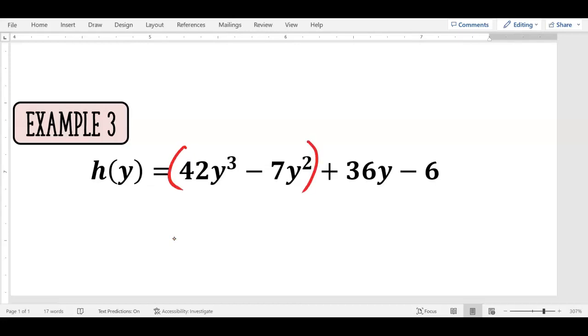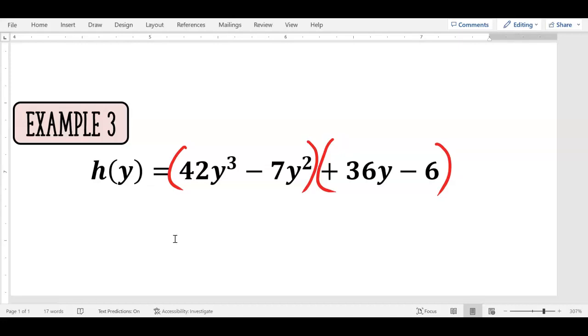Everyone's doing the parentheses? Okay, now what do I do with these two terms? What's that word? Factor. I didn't want to say the F word because then y'all say something wrong. F word is factor in math. Okay, what's the factor?